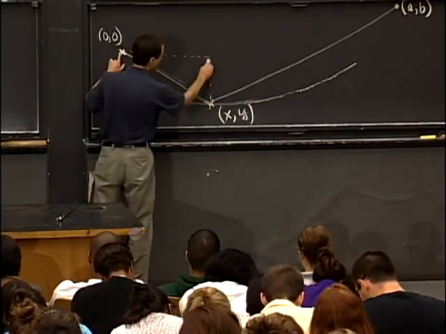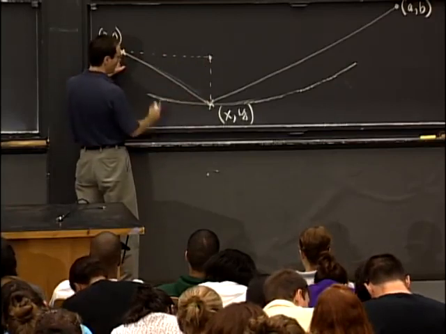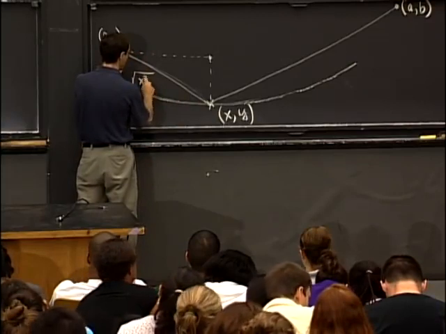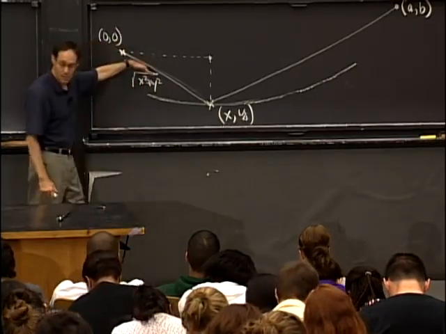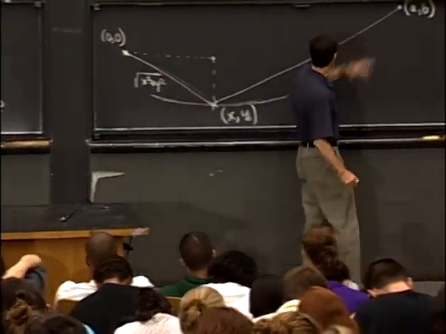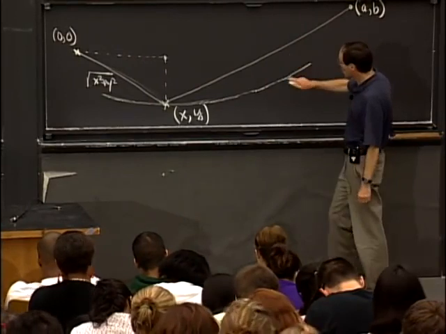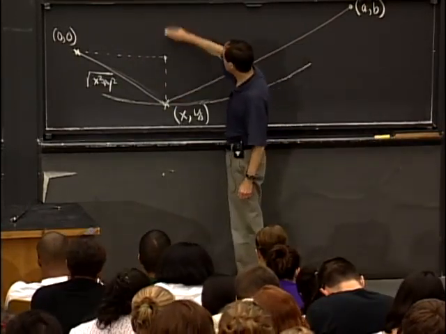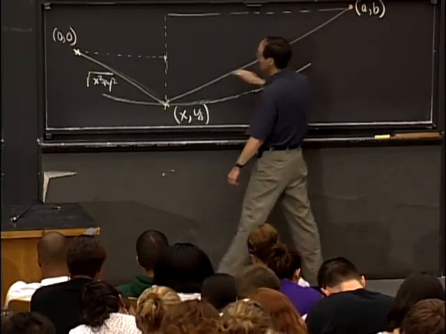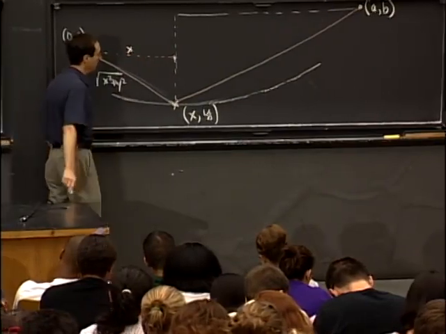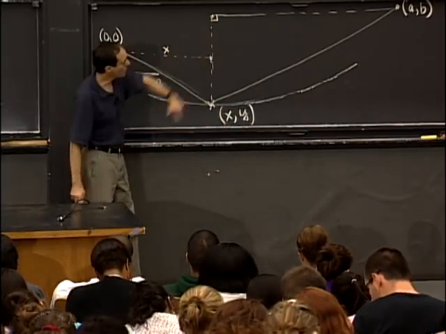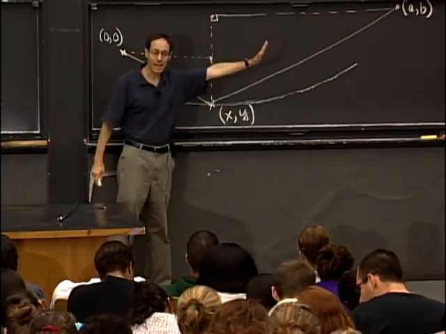So this length is pretty easy if I draw a right triangle here, because we go over x and we go down y. So this length is the square root of x squared plus y squared. All right, that's the Pythagorean theorem. Similarly, over here, I'm going to get another length, which is a little bit of a mess. It's the vertical, so I'm just going to label 1/2 of it so that you see. So this horizontal distance is x, and this horizontal distance from this top point with this right angle over there, it starts at x and ends at a.